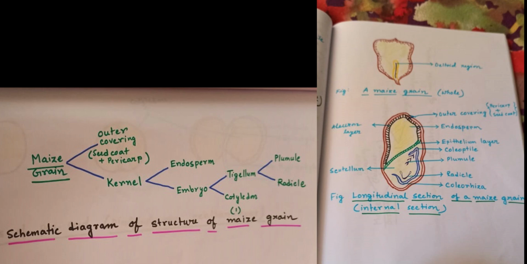And now about the cotyledon. A single cotyledon in a maize grain is termed the scutellum. This is one large shield-like structure which doesn't store food, and it is present only at one end of the seed. So this is termed the scutellum.